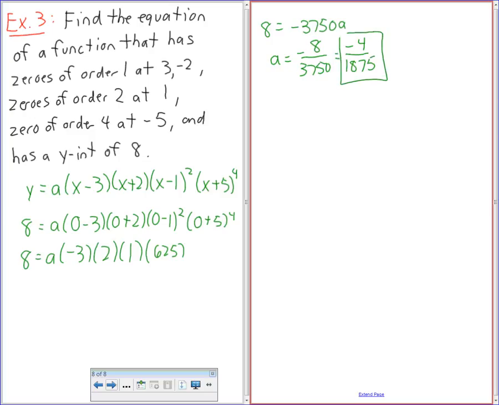Yeah. So my equation then is f of x or y equals negative 4 over 1875 times x minus 3, x plus 2, x minus 1 squared, and x plus 5 to the 4.